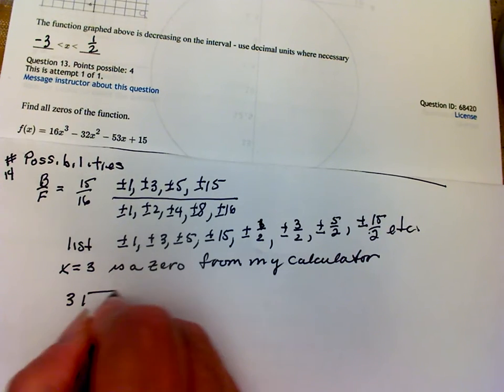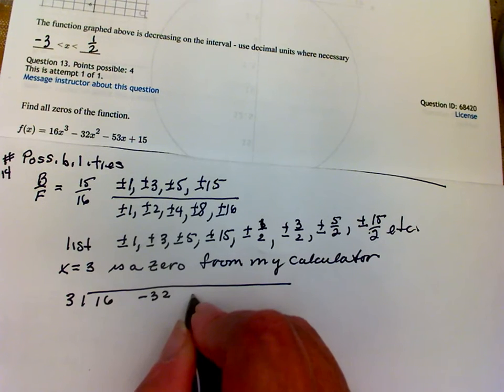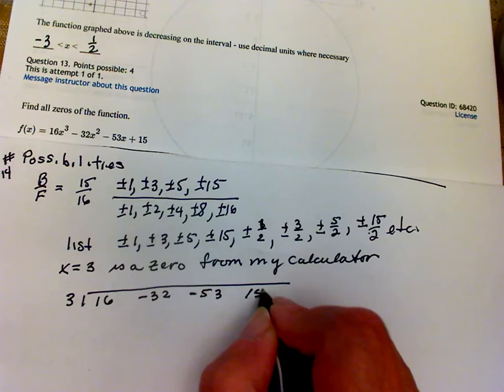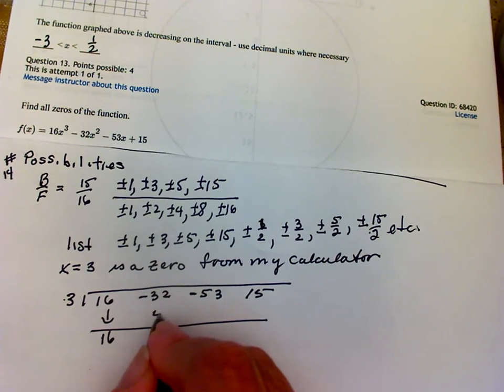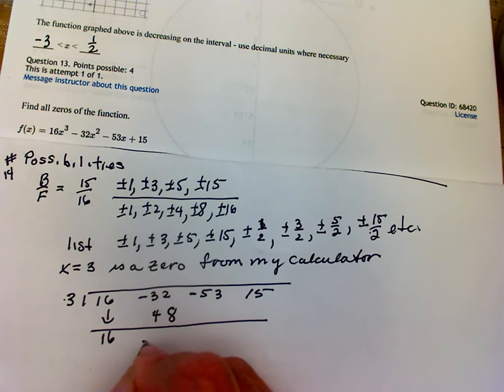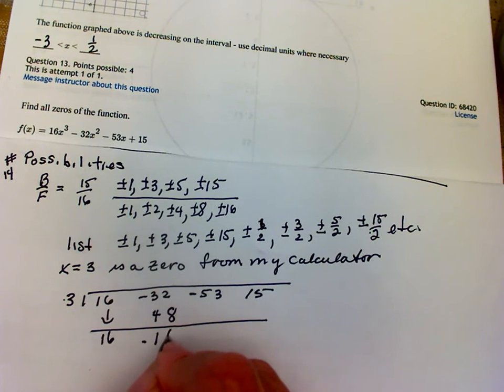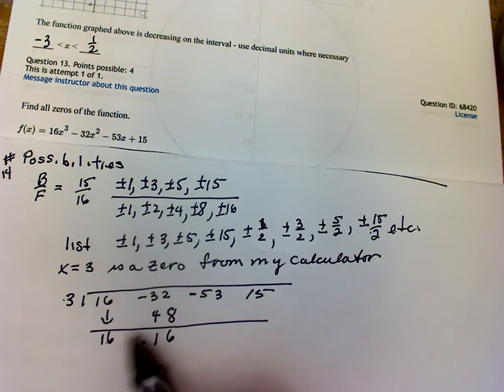So that take 3 divided out of 16, minus 32, minus 53, plus 15. Bring down the 16. 3 times 16 is 48.